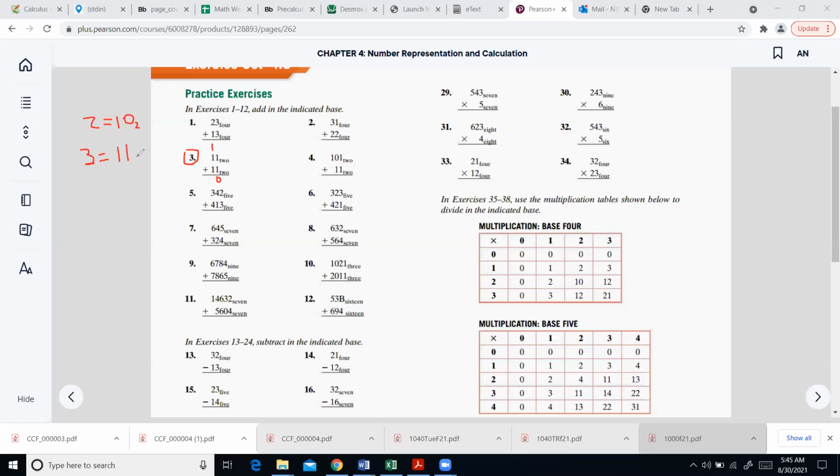Once again, the reason is that we have the power of 0 here and the power of 1. The first digit is 1, so I take it times the first power of 2, and the second digit is also 1, so that's the number of ones. So 2 plus 1 is 3. So I write this as 1, 1, so I put down 1 and carry another 1, but since there is nothing, I just copy it. So 1, 1, 0. So that's adding in base 2.